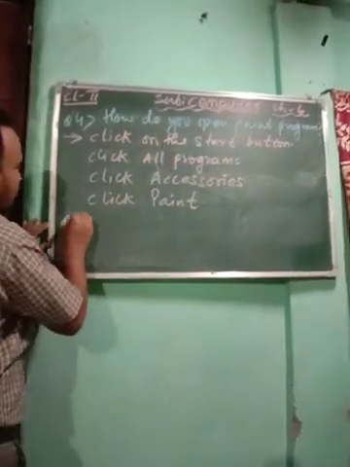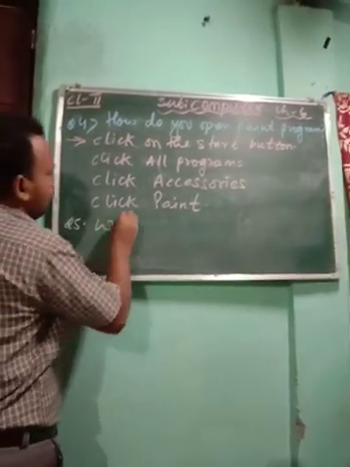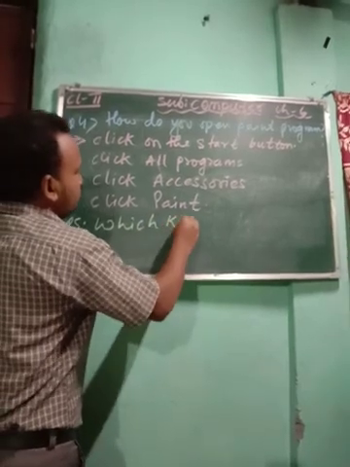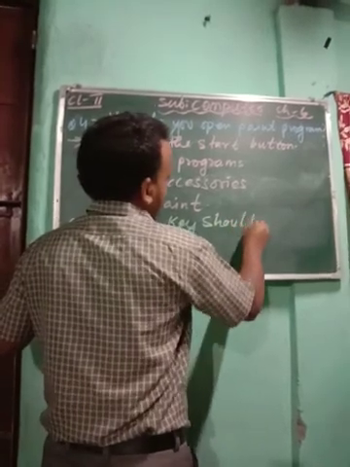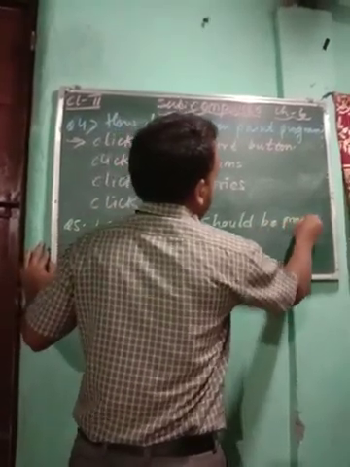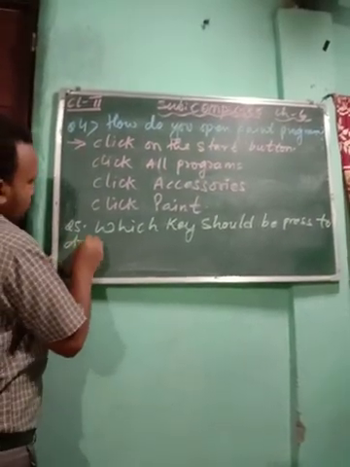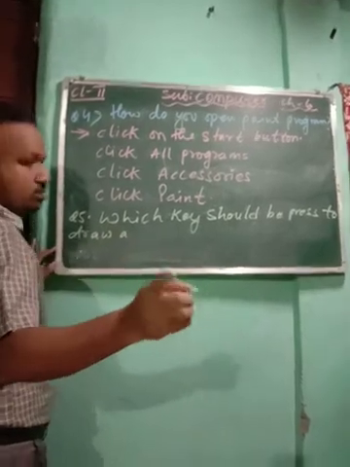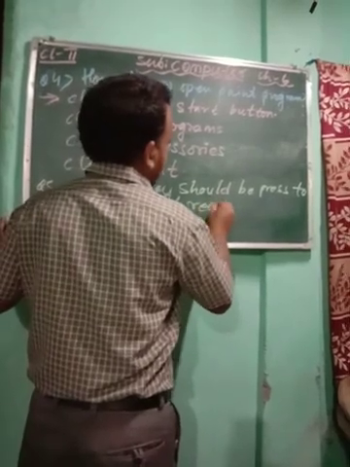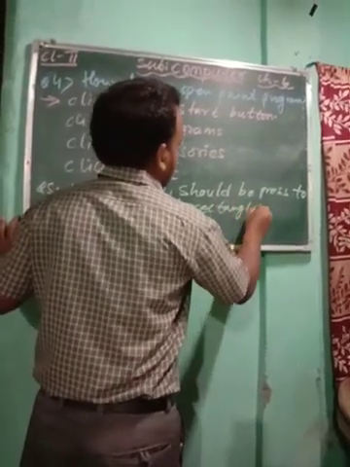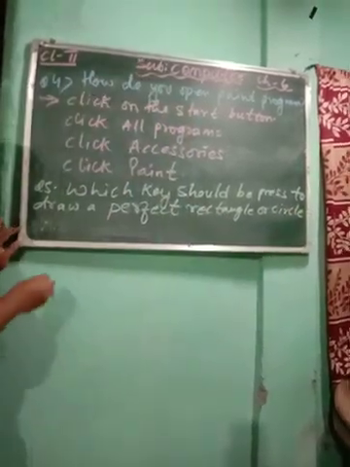Okay, question number 5. This question number 5 I have made and I gave you, children. Which key should be pressed to see a perfect rectangle or circle while dragging?